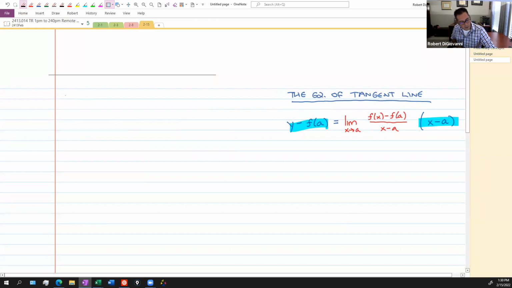So your first example: find the equation of the tangent line to f of x equals x squared at x equals 1.